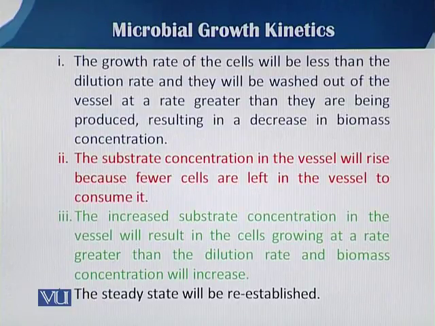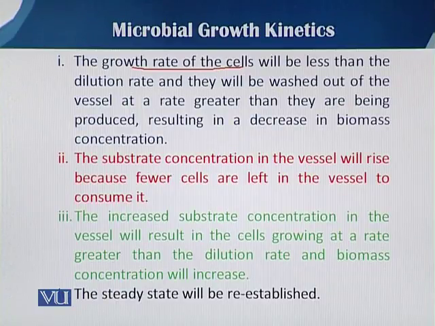These are the four different possibilities which we will discuss here. If the growth rate of the cells is less than the dilution rate, meaning mu is less than D, then what will happen? Then the cells will be washed out of the vessel. Meaning, when there is a lower growth rate and the dilution rate is more than mu, then what happens?